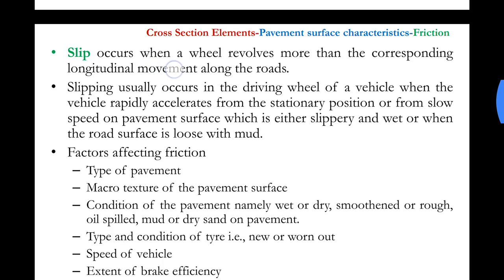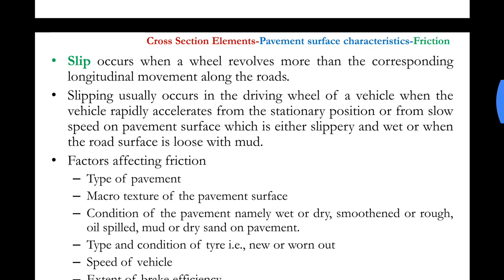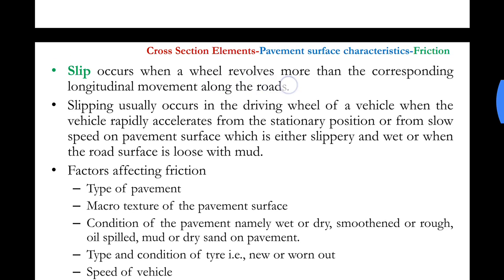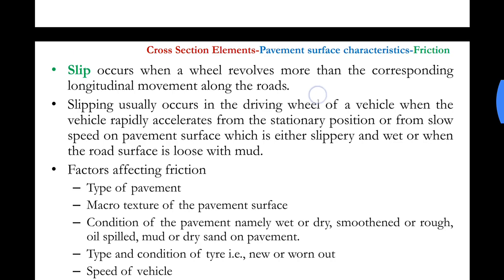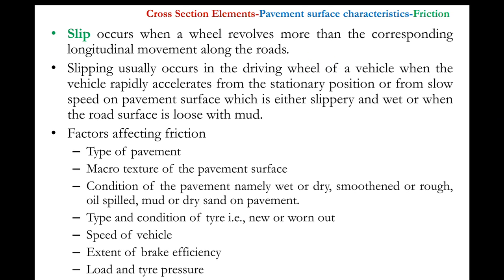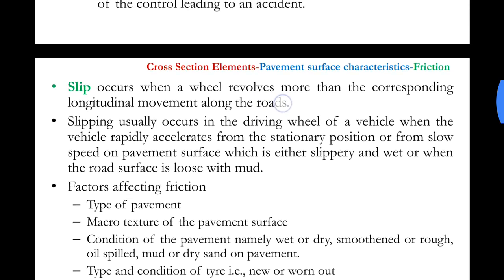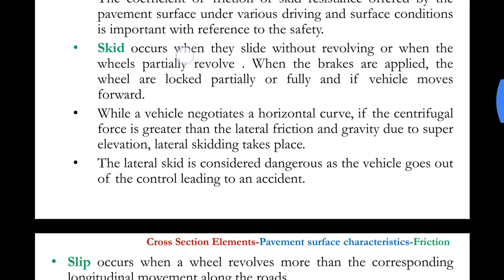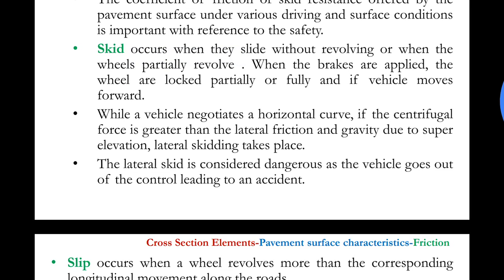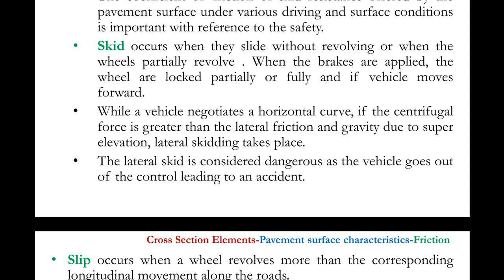Slip occurs when a vehicle wheel revolves more than the corresponding longitudinal movement along the road. So here the revolution of the wheel is more but the movement in the longitudinal direction is less. In the earlier condition it was the reverse: the revolution was less and the movement was more.